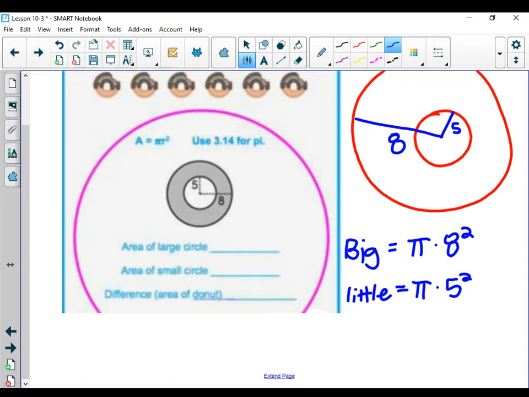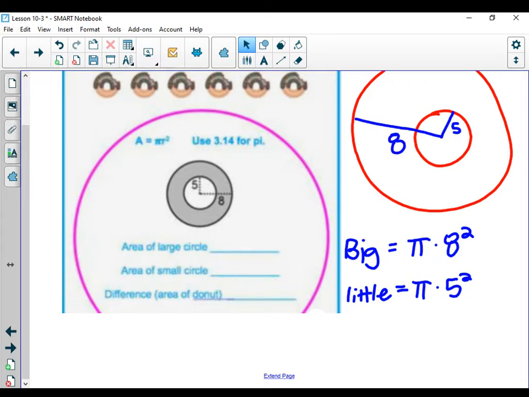We're not talking because we're so busy typing and trying to get some answers here. Double check your math. 64 times 3.14 is 200.96.